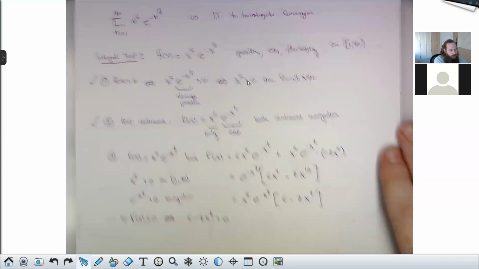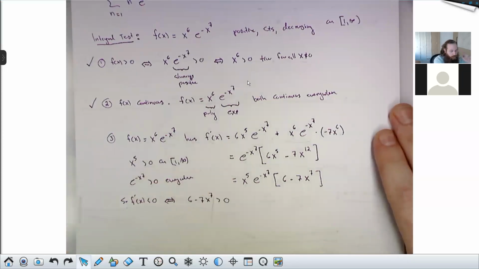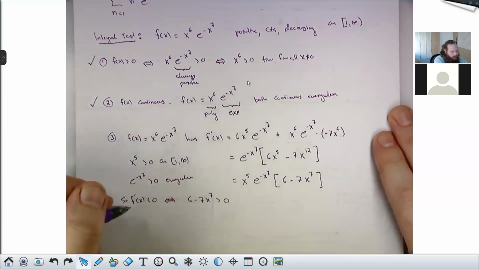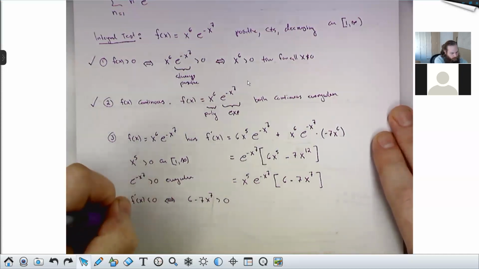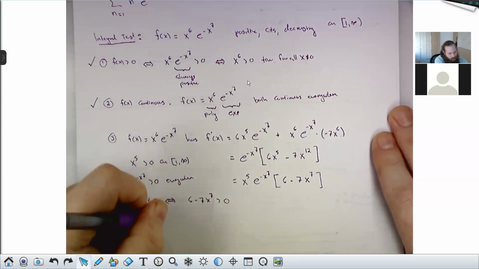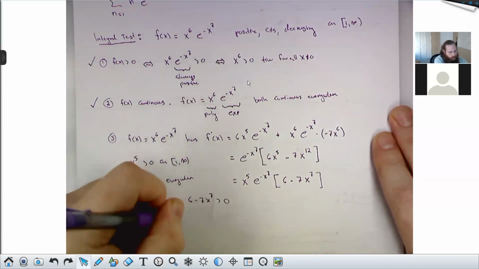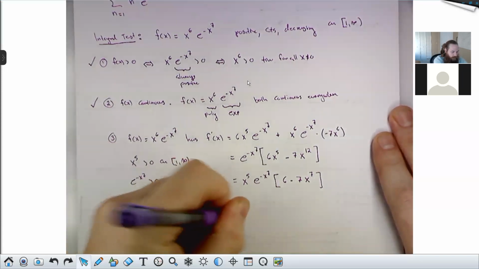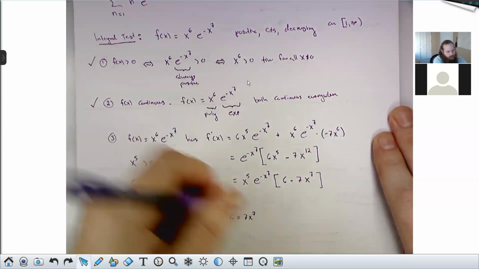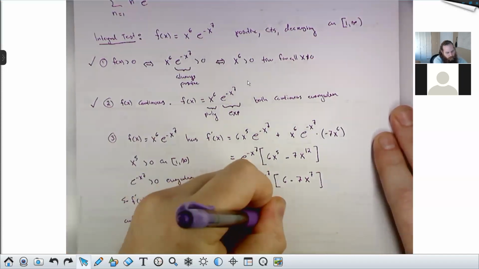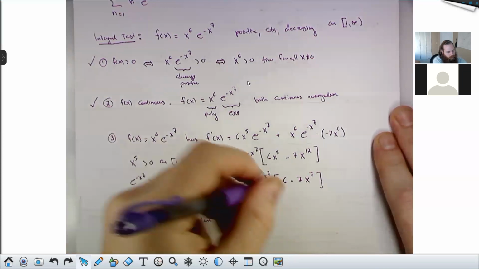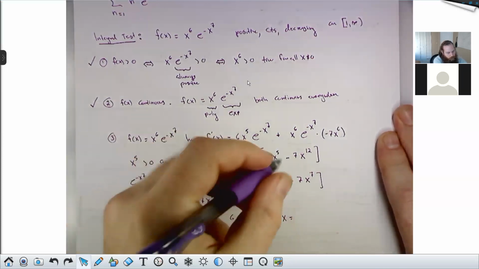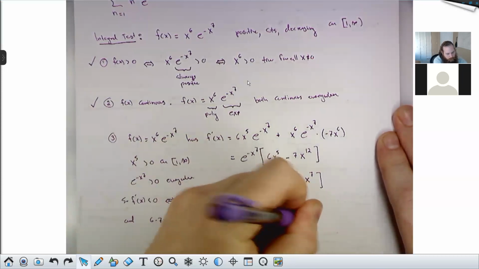So its end behavior is down on the right and up on the left. It has one root that we can calculate nicely. This is equal to 0 when 6 is equal to 7x to the 7. That happens when x is equal to the 7th root of 6 over 7.